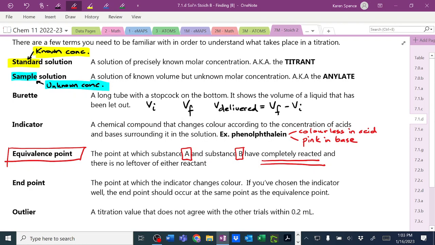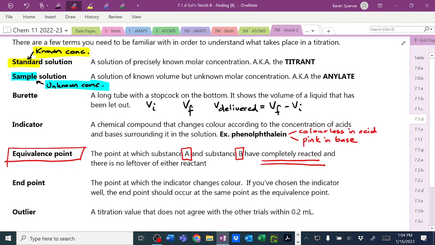So now I have 2 waters and I have 1 acid. Okay. What color is phenolphthalein? Colorless. I add 1 more base. And what do I have now? I have 3 waters. And phenolphthalein actually at pH 7, which is neutral, is still colorless.